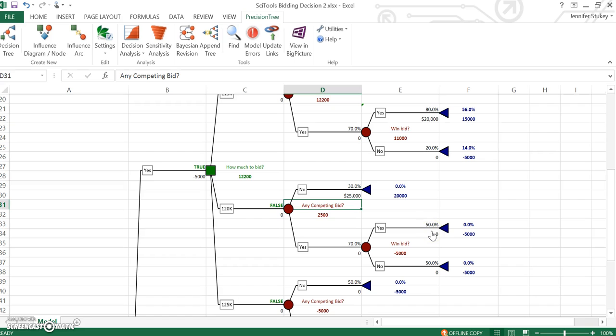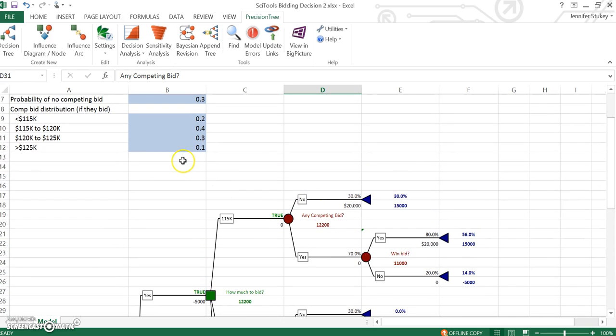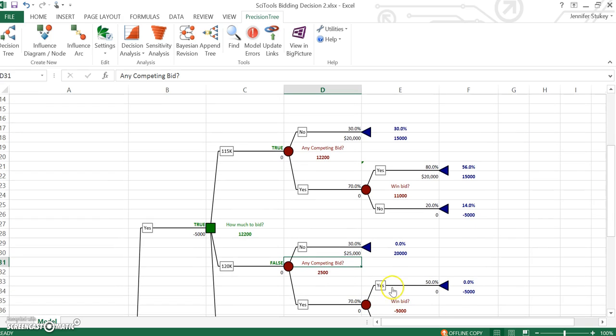Now, if someone does bid against us, we again have to calculate the probability of that. Well, this time we're bidding 120K, so the probability that someone would bid above us would be the sum of these two numbers right here. So there would be a 40% chance that we would win the bid if someone bid against us.